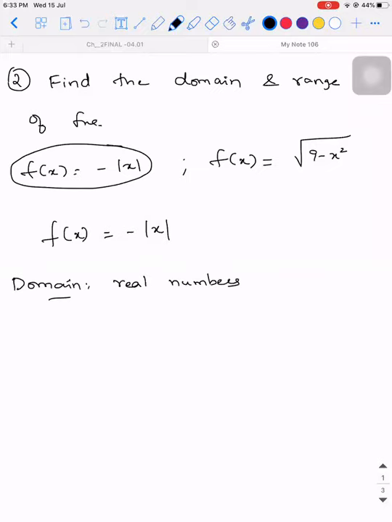Because what did I say domain is? Domain is all input values that you can give so that the output does not come as infinite. If mod x has to become infinity, then what is the input value I need to give? An unreal number, imaginary number. I should give an infinity, right?